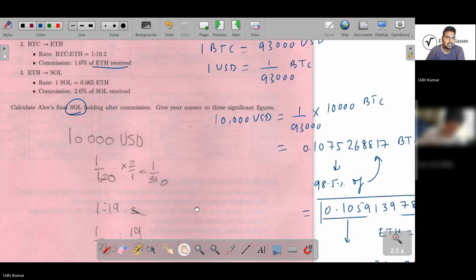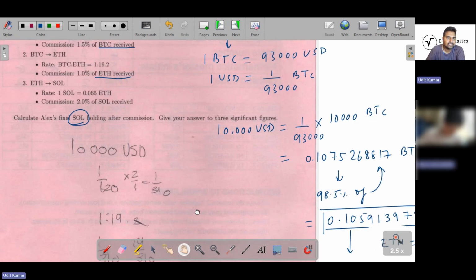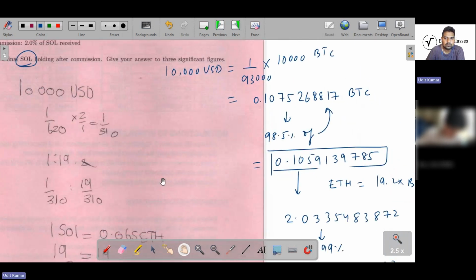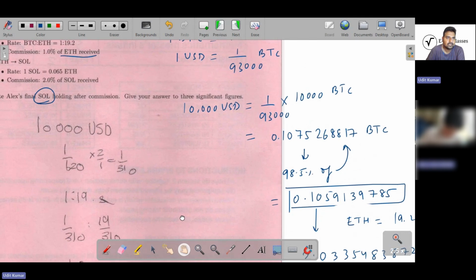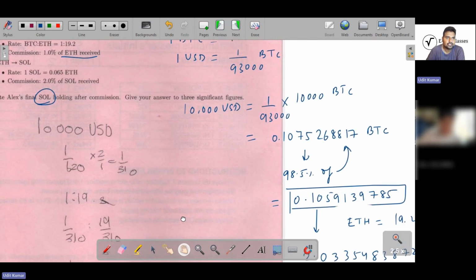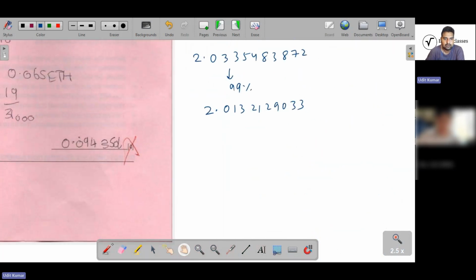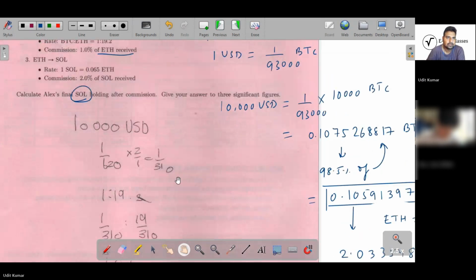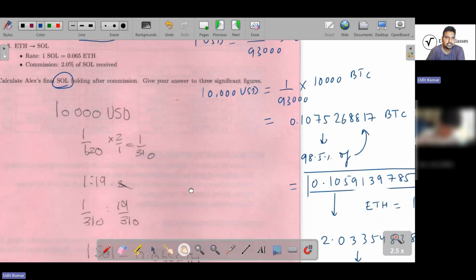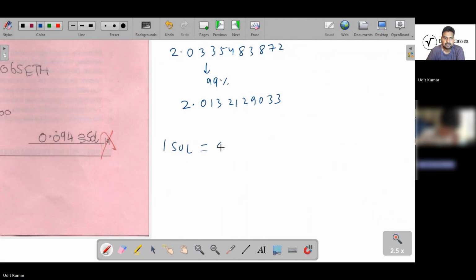Okay, and then Ethereum is converted to Sol. So one Sol is equal to 0.065 ETH, right? Yes.